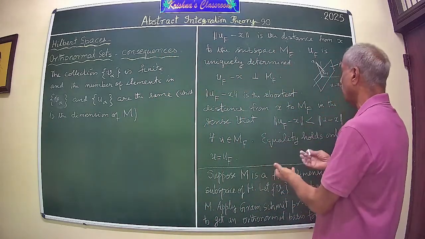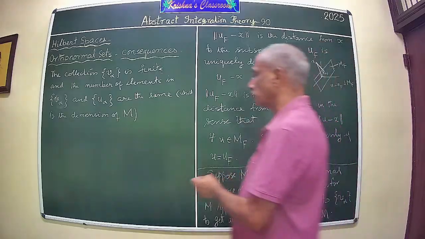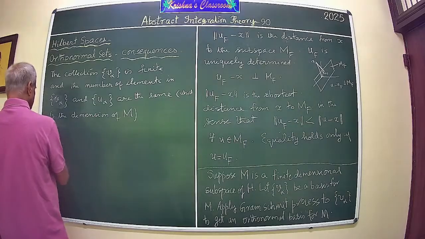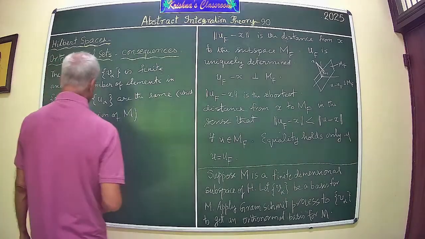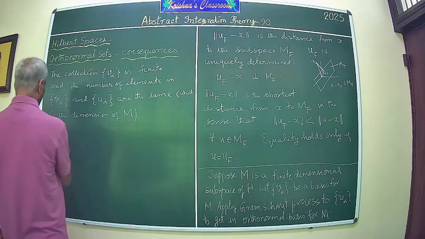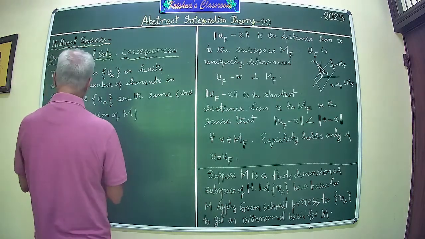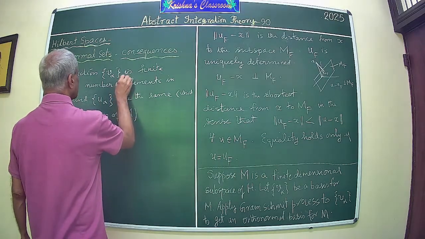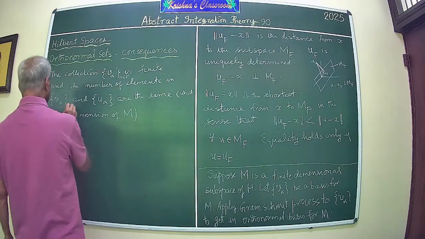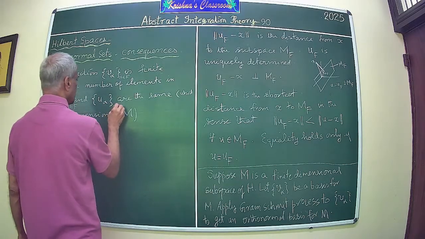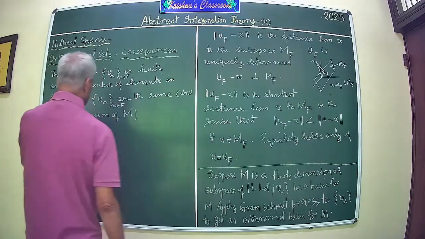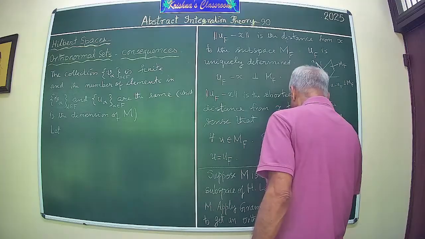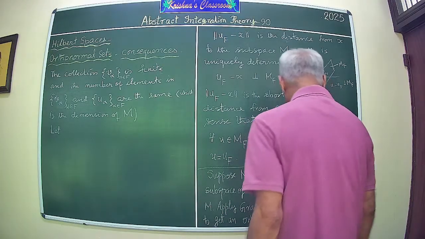Now how to get hold of this minimal element? So we'll put here F that is the index set.